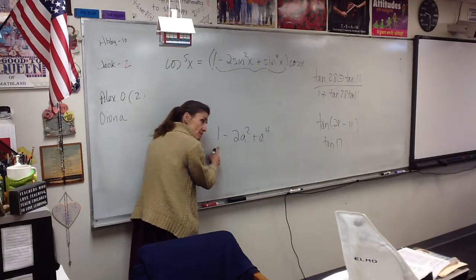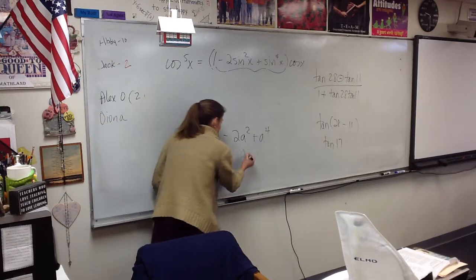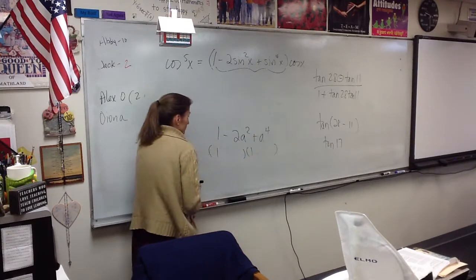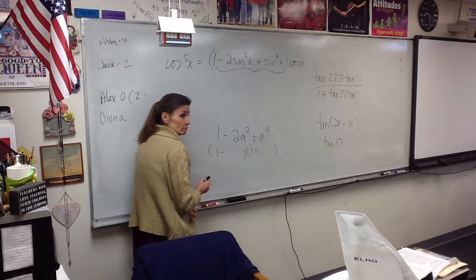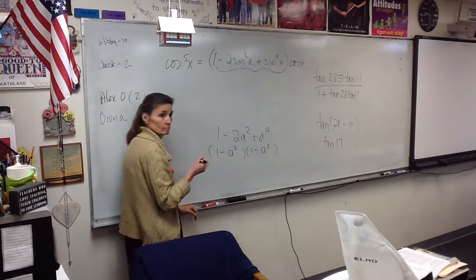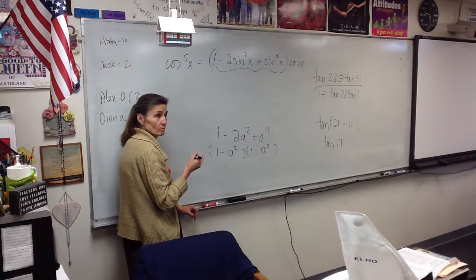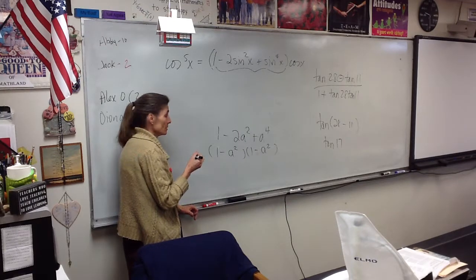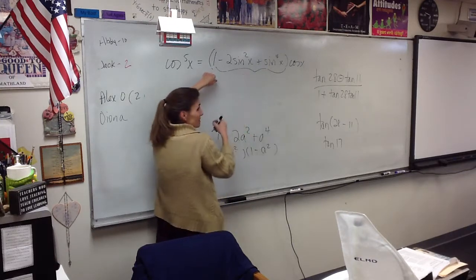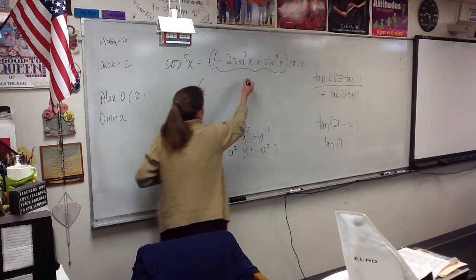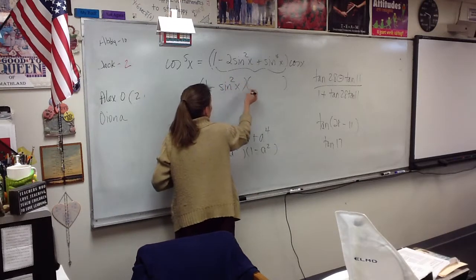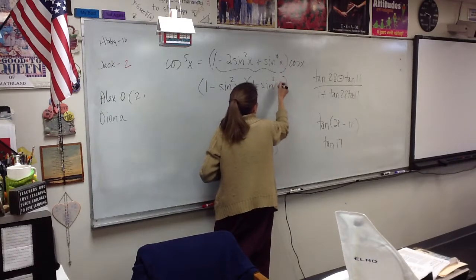Could you factor this if you found it in the hallway? How would this factor? Wouldn't it factor like that? So how does this factor? This is the same problem, only it doesn't have a's, it has sines. 1 minus sine squared and 1 minus sine squared.